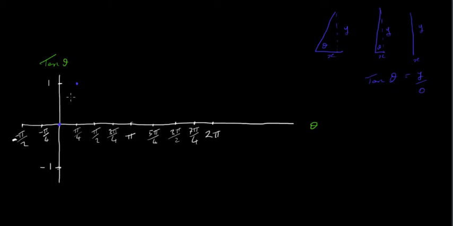So all along here at pi over 2, there will be no y value for my function. And that actually repeats every pi after that. So out to 3 pi over 2, or 270 degrees, it's also undefined.